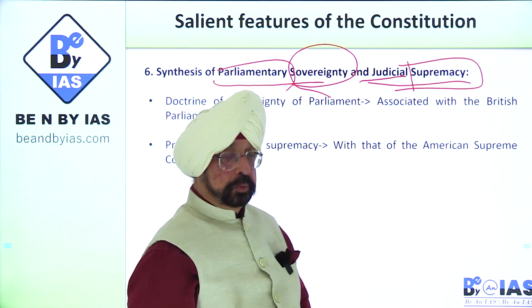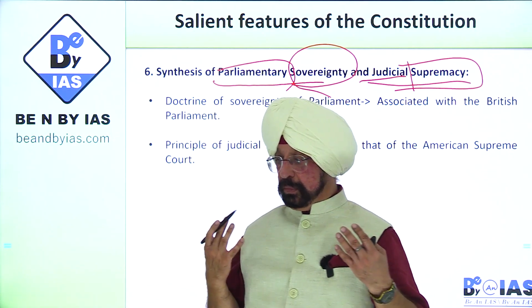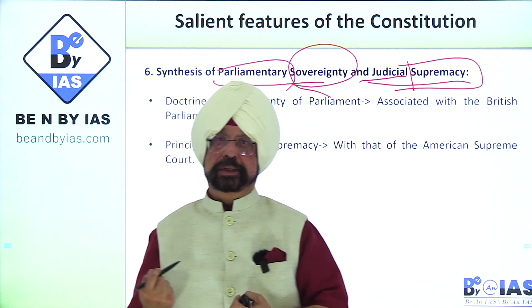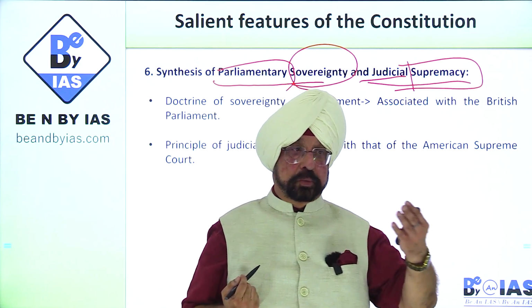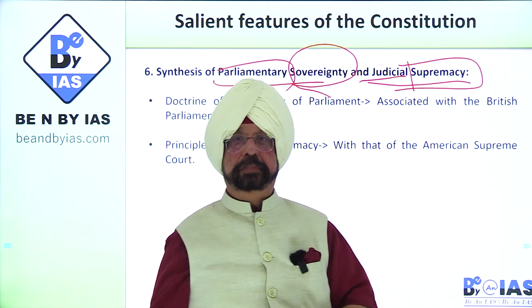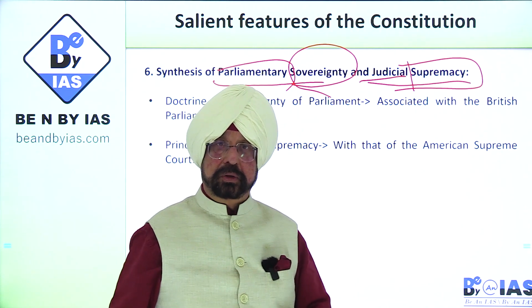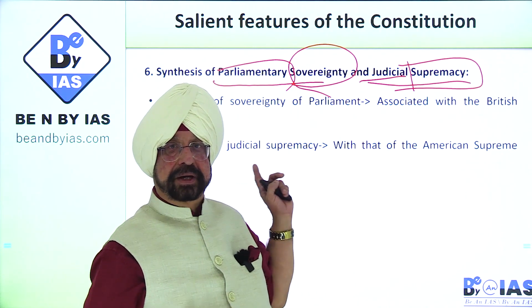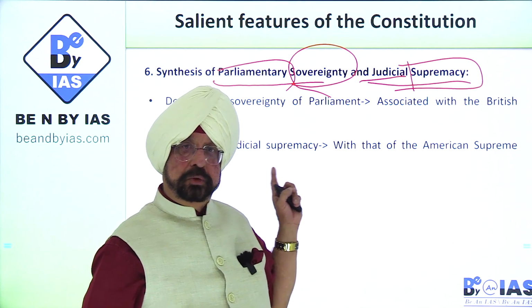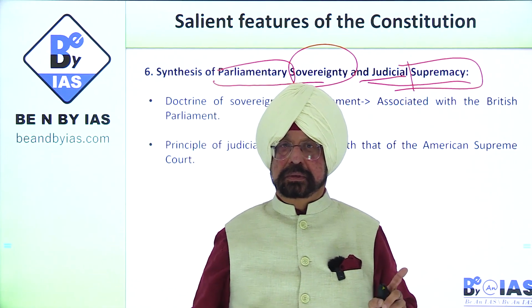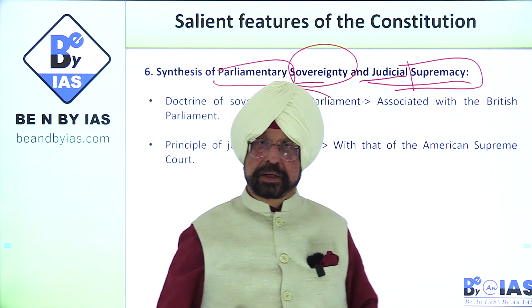How the nation is to be run, what laws should be there, what should be permitted and what should not be permitted by way of law is decided by the parliament. There they don't have to take any direction or instructions from anybody.